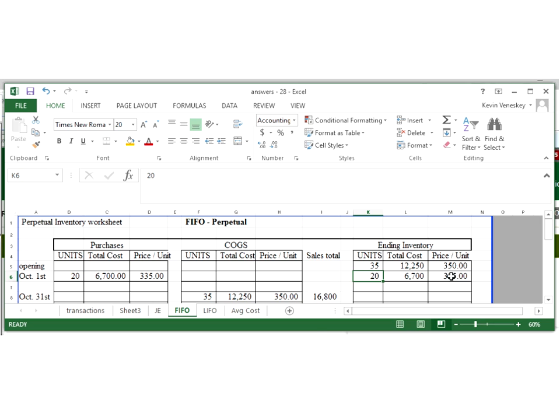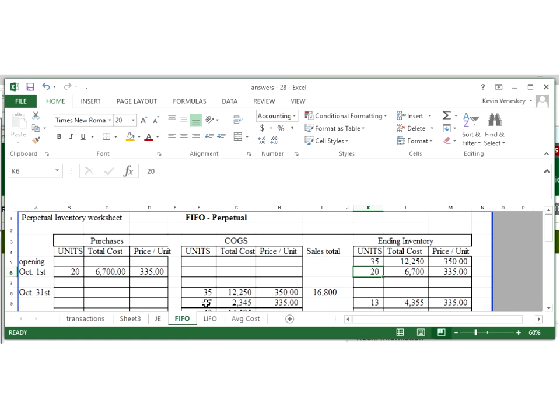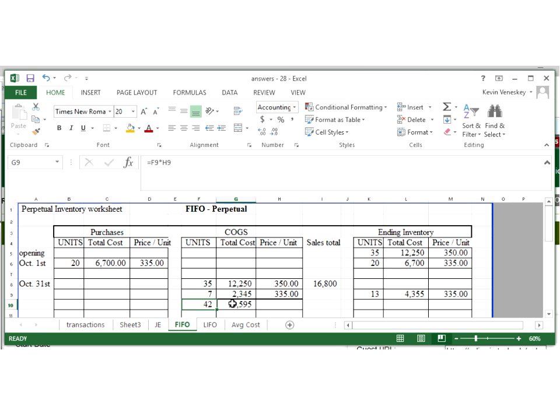And then I'm also selling 7 of this second group that cost $335 a piece. So if you take 7 times $335, you end up with $2,345. So in total, when I sell 42 items, my cost of goods sold is $14,595.